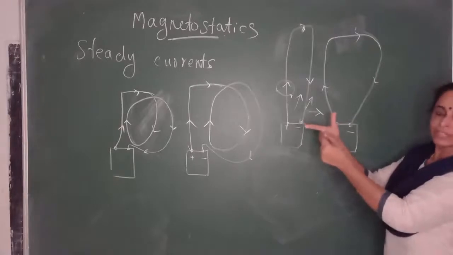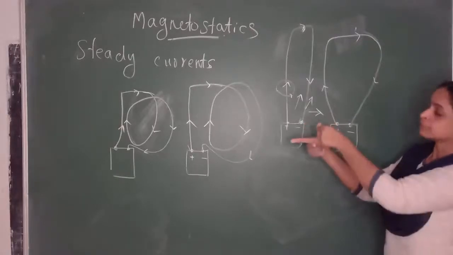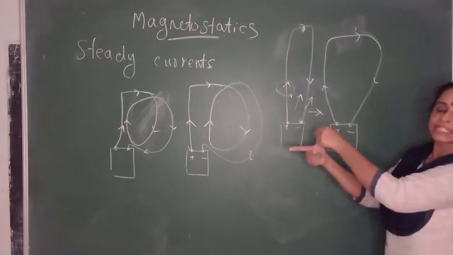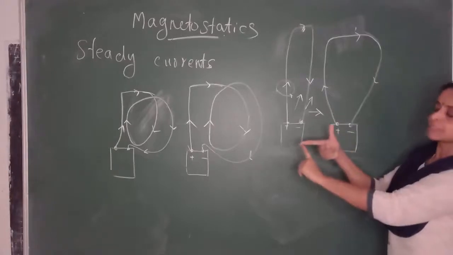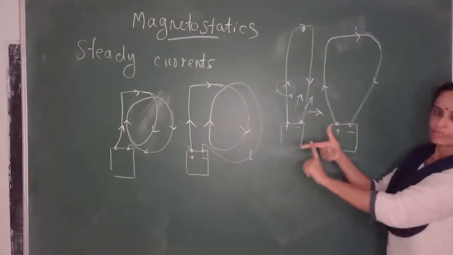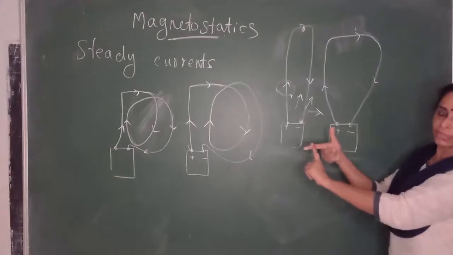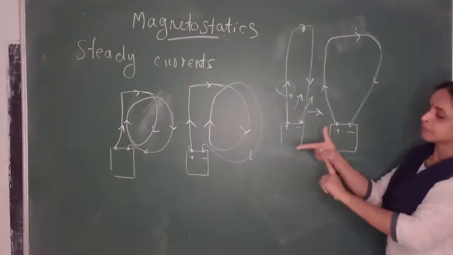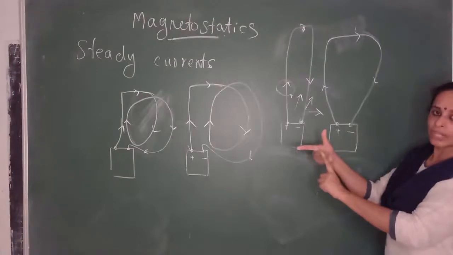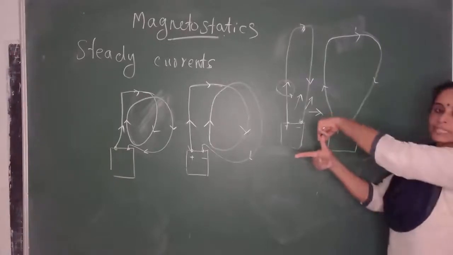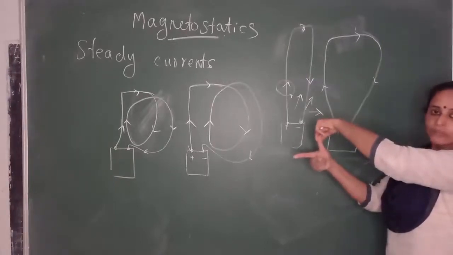Then my middle finger in the direction of field, then my thumb will indicate the direction of the force. So this is the direction of the current, and this is the direction of the magnetic field, then this thumb will give the direction of force.